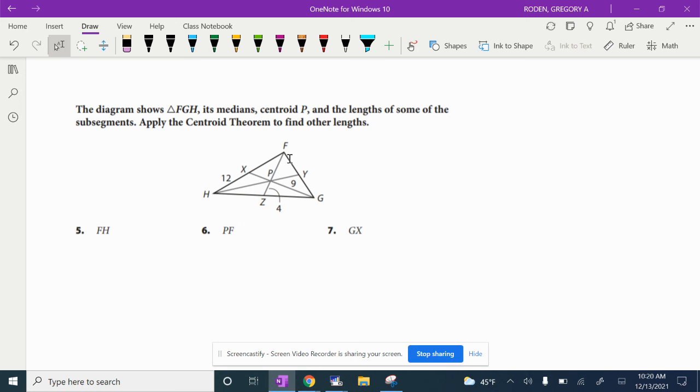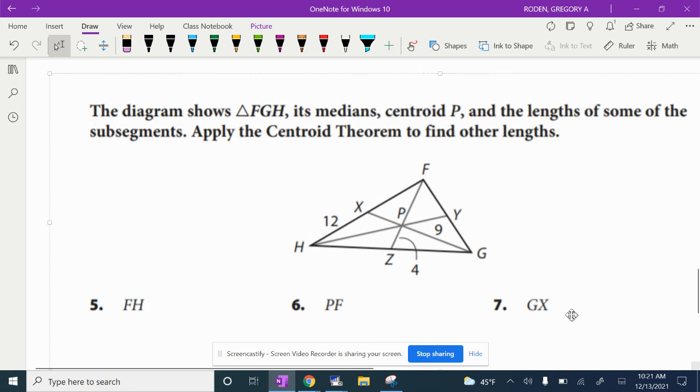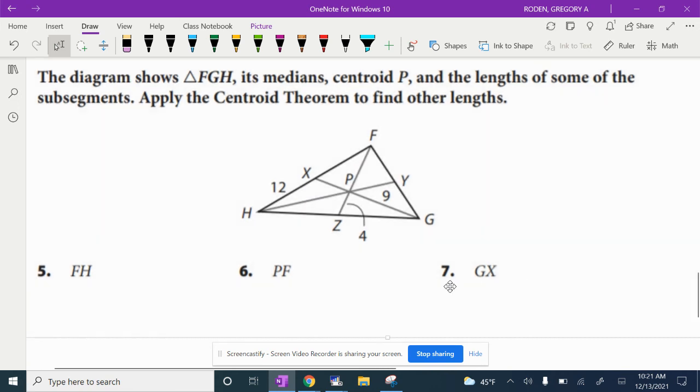It's telling you that point P is a centroid. So this is the centroid. Do you want me to make it bigger? Yes. Okay, I will make it bigger. Here we go. Is that better?